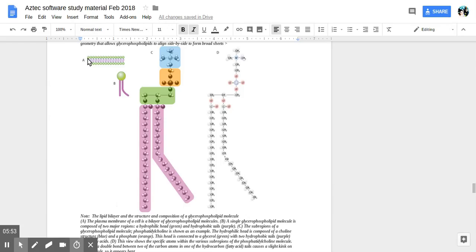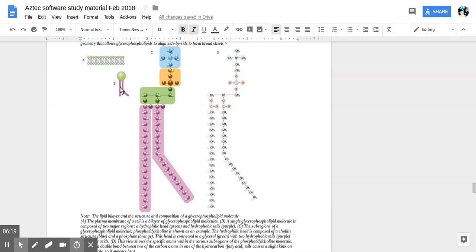In A, we see the plasma membrane of a cell, a bilayer of glycerophospholipid molecules. So this is showing the lipid bilayer and the structural composition of the molecule itself, with its carbon, hydrogen, oxygen bonds.